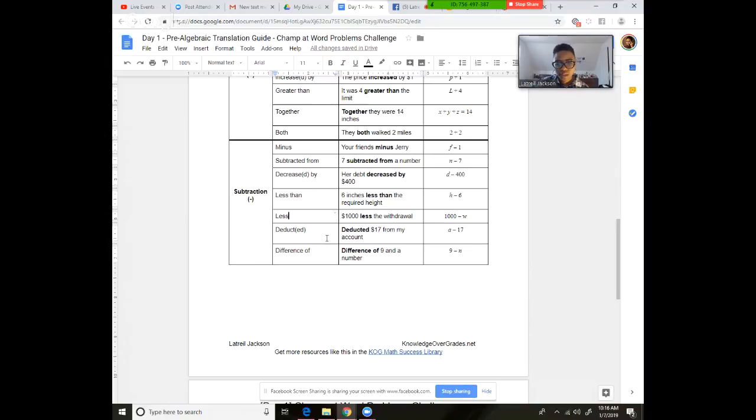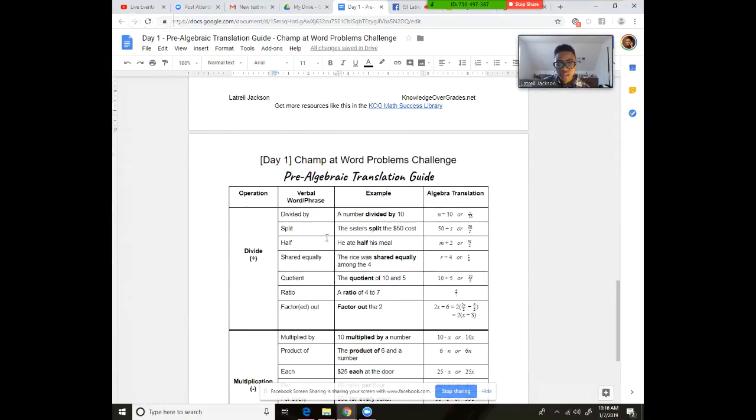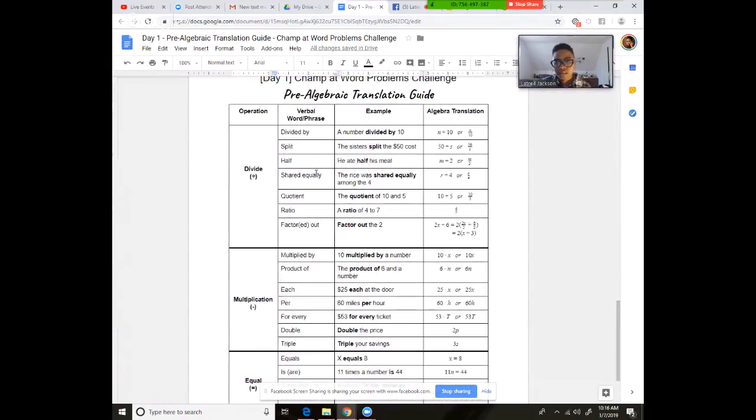Let's look at divide. Divided by, we already know that. That's pretty self-explanatory. But let's look at split, right? The sisters split the $50 cost. The sisters split it, right? So let's say we got four sisters.